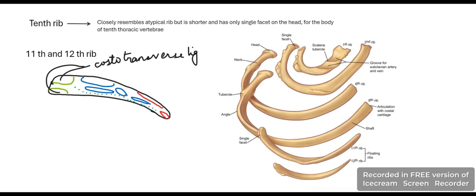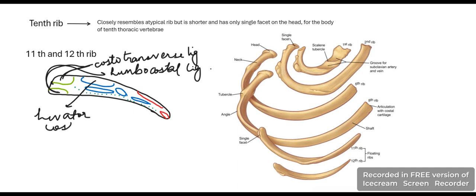This is the costotransverse ligament, and this is the lumbocostal ligament. The next is the lowest levator costae. Then the iliocostalis and longissimus parts of the sacrospinalis.